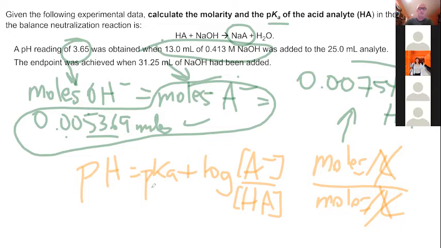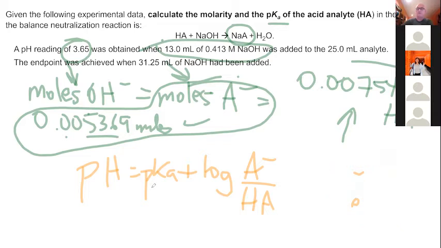So instead of figuring out what the concentrations are, we can just use moles of A minus and HA, which we've already calculated. Now, can you do this with all these types of examples? You just use the moles and not the liters? If it's a ratio of molarities, then that's also going to be the ratio of the number of moles, provided that your volumes are the same.